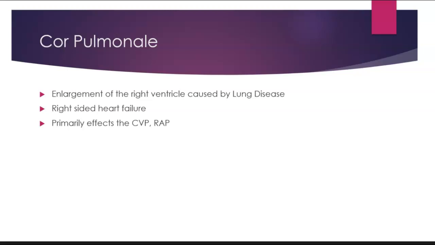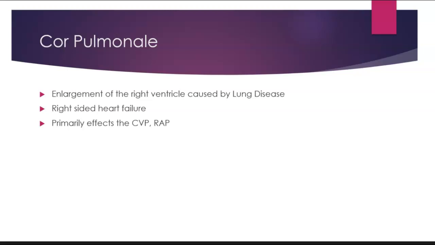So the first one being cor pulmonale. Cor pulmonale is a disorder that is really the enlargement of the right ventricle. It's caused by lung disease, essentially.